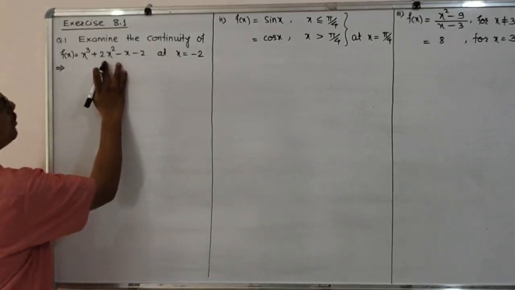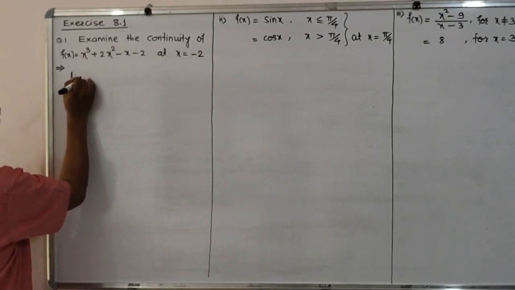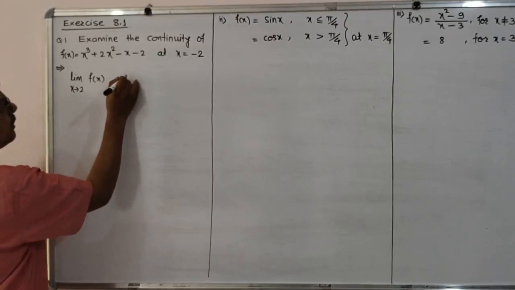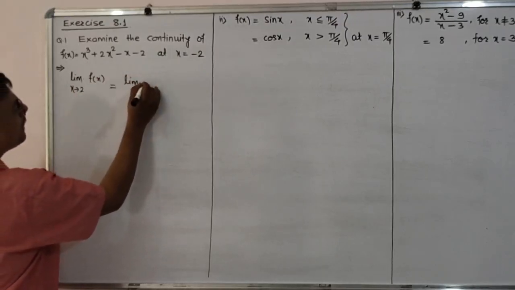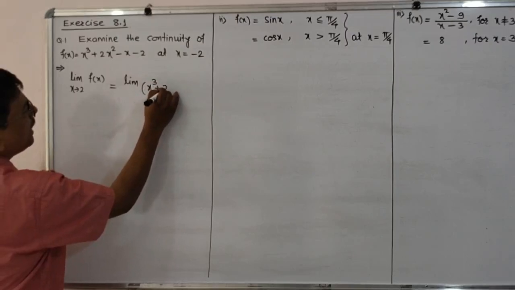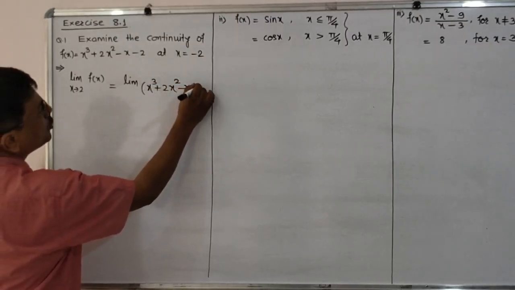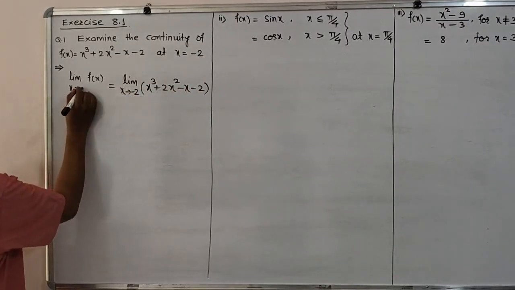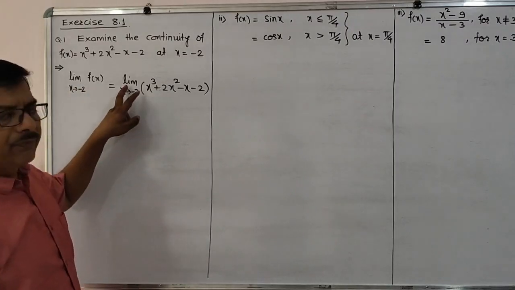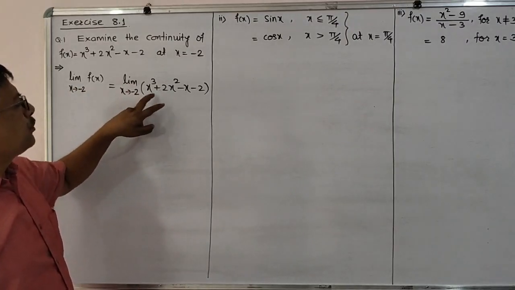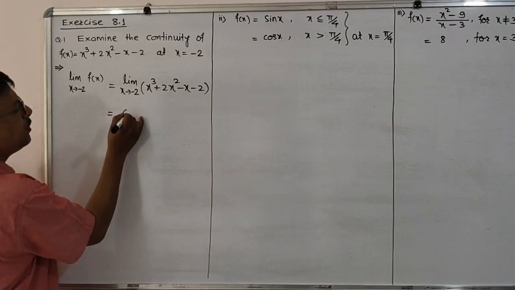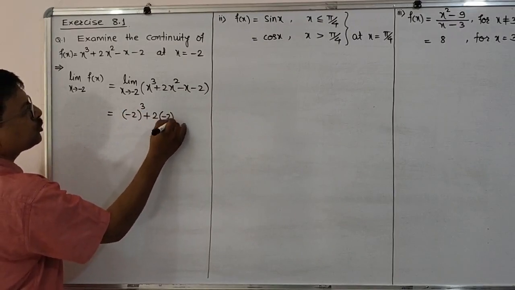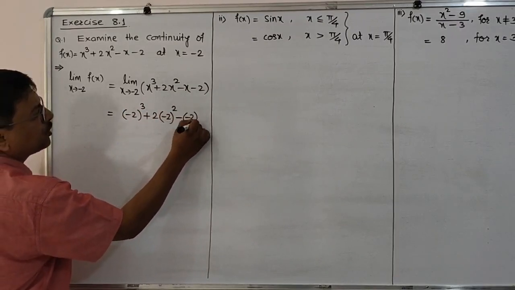For that, we are going to find the limit of this function. Limit of f of x as x tends to minus 2 is nothing but limit of, what is the function given? It is x cube plus 2x square minus x minus 2 as x tends to minus 2. Now, to find its limit, substitute this value: minus 2 cube plus 2 into minus 2 square minus of minus 2.